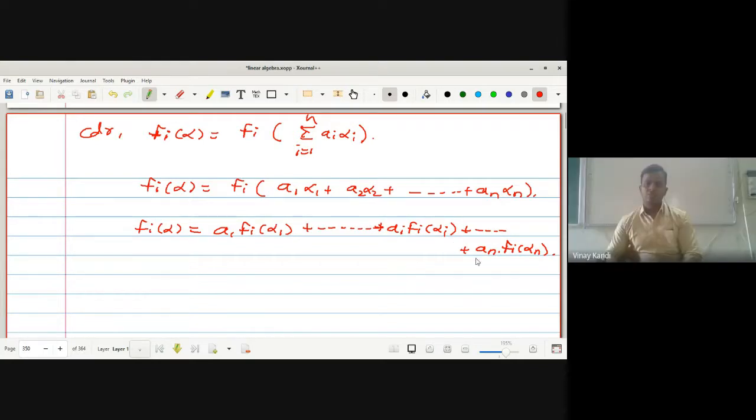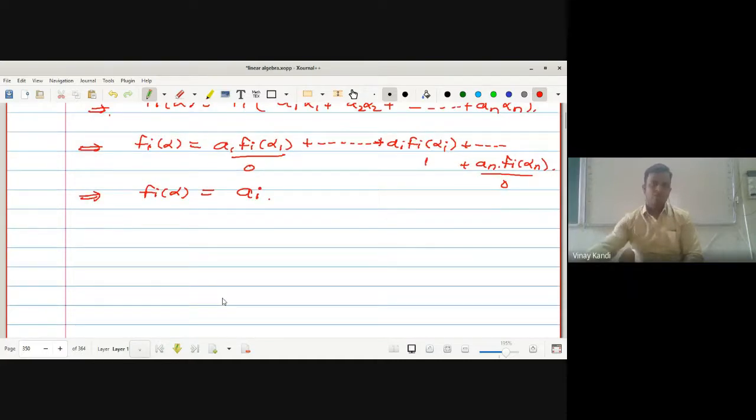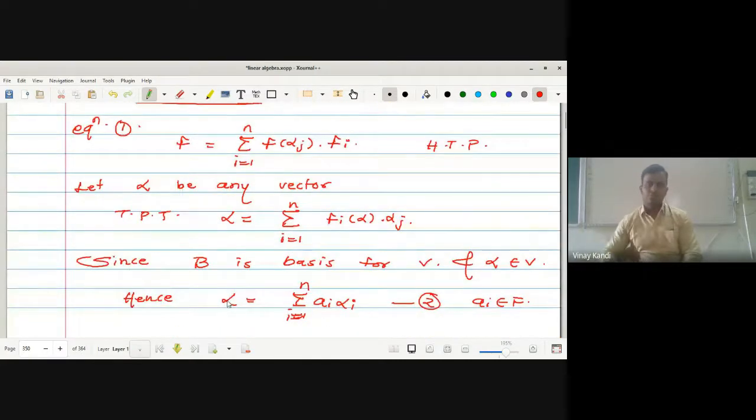Okay, i running from 1 to n. Here i is in general, so in between 1 to n, this i coincides with one of them. Okay, so this implies fi of alpha is equal to, by the definition of dual basis, this one is 1. So this is ai. Now put the value of ai in equation number 2.